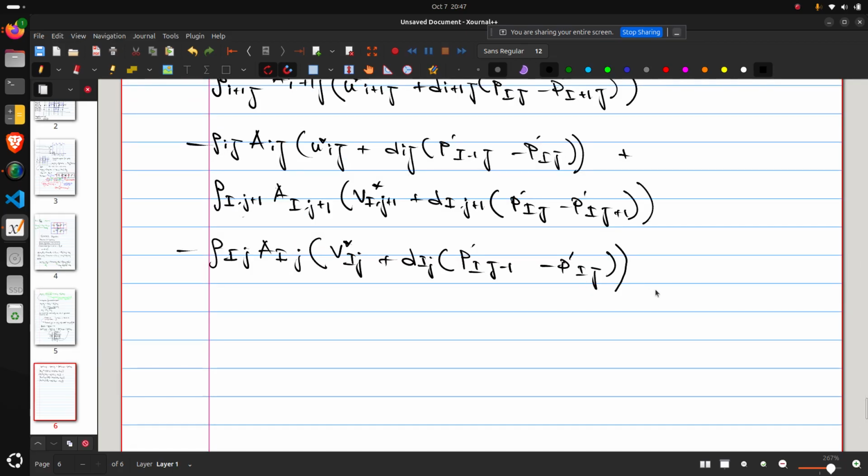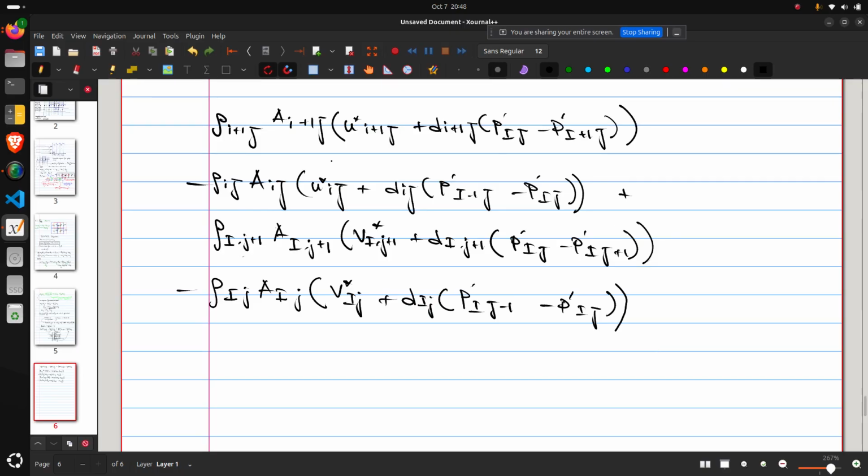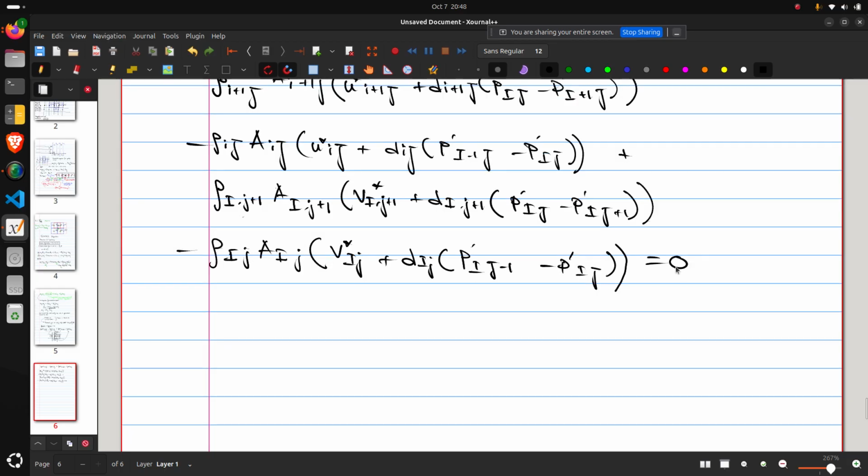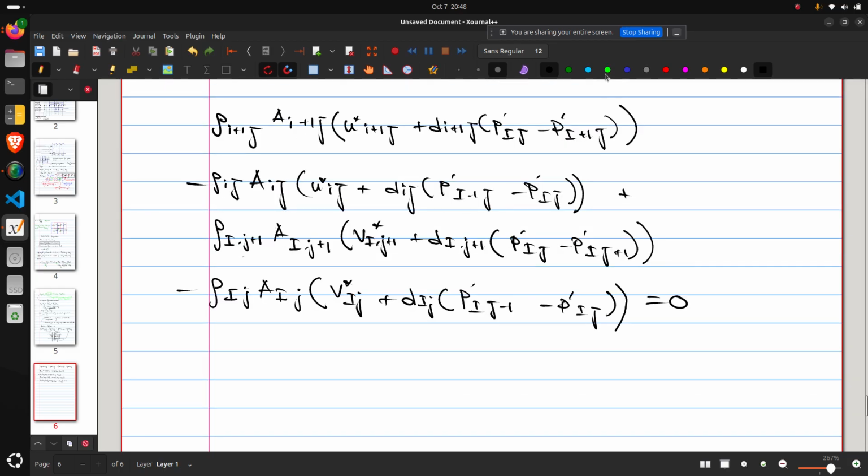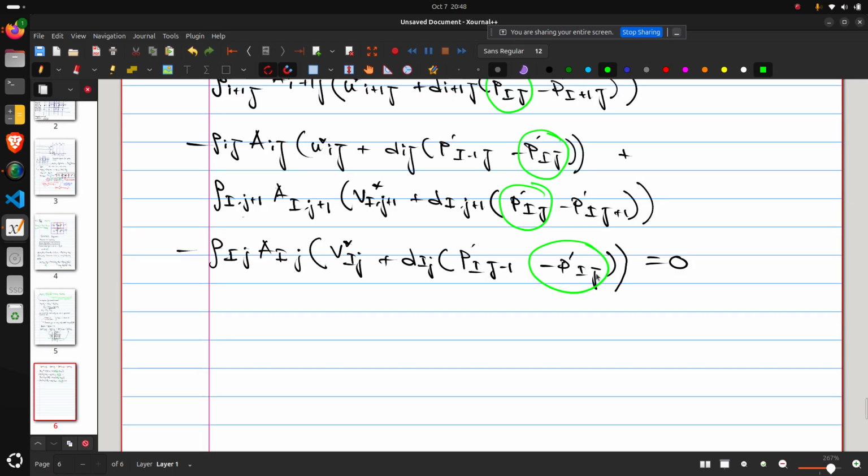Okay, so now that we have this, we want to do some manipulation. So this is the continuity equation, and this all goes to 0, right? So now if we do some simple manipulations, what kind of manipulations? We will take this term P capital I, capital J, this is P capital I, capital J, P capital I, capital J, and again P capital I, capital J, and we will take all the coefficients of this. So P prime capital I, capital J times rho dA, and dA is not small d, the d is coming from this d.